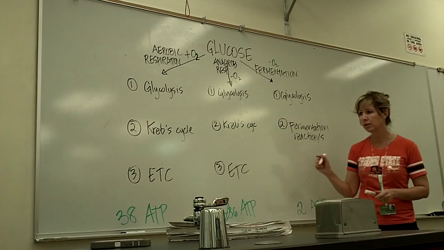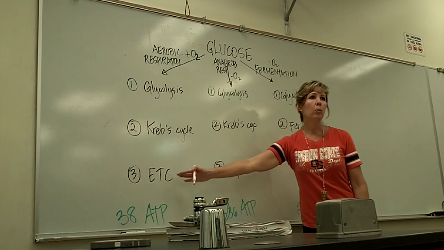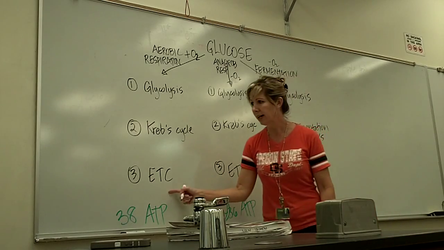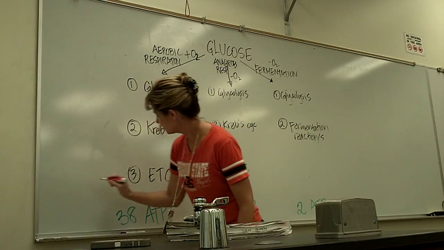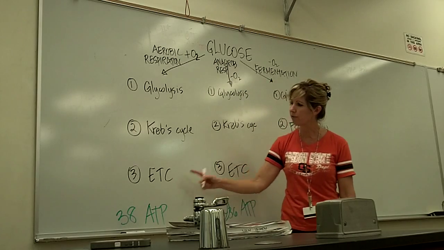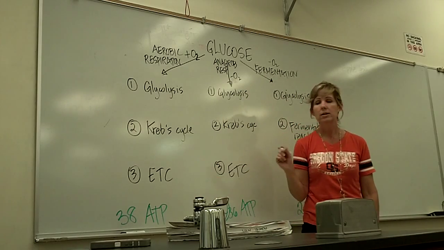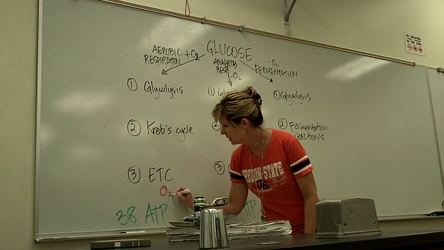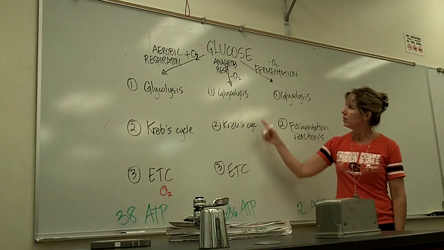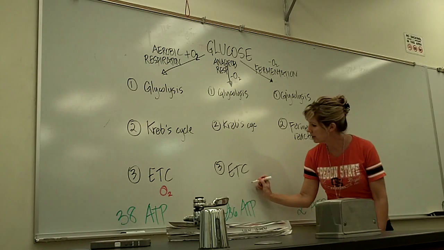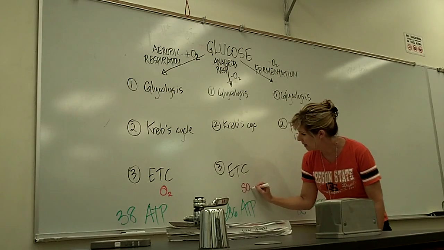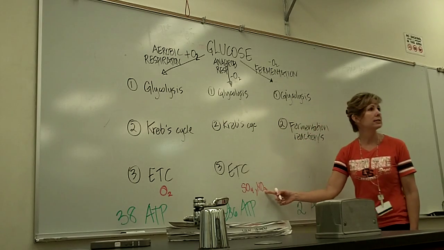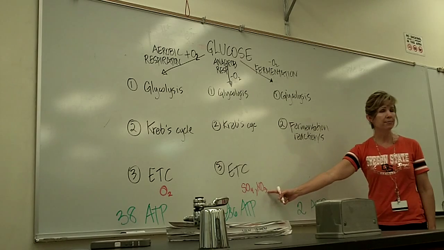So similar in that they all produce ATP, different in the amounts. One thing that is different for all of these is that final electron acceptor. So the final electron acceptor for aerobic respiration is going to be oxygen. So oxygen will be hanging out here. For anaerobic respiration, it will be an oxygen-containing ion, but not oxygen itself.